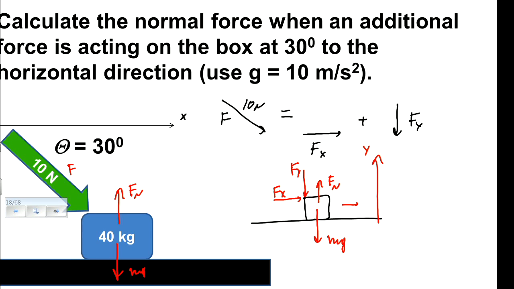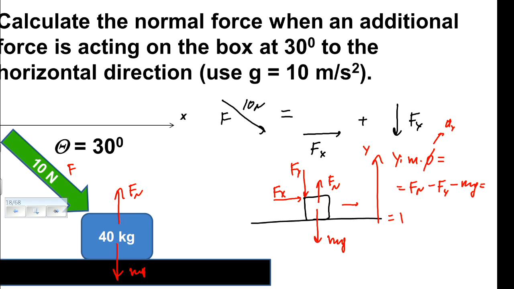That wouldn't affect forces in the vertical direction. So relative to the y-axis, we still should write m times 0. This could have been the vertical component of acceleration. It should be equal to what? Normal force, which is positive, minus the y component of the applied force, minus mg.